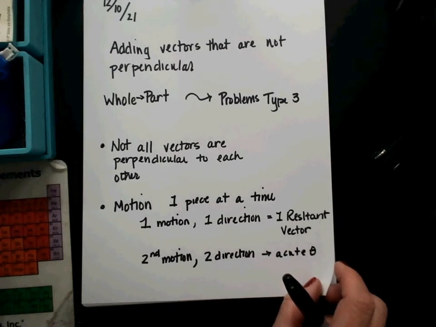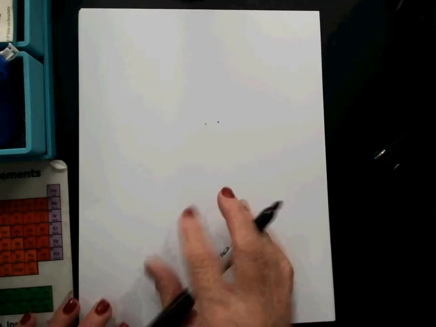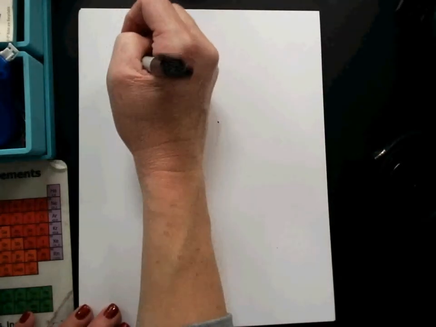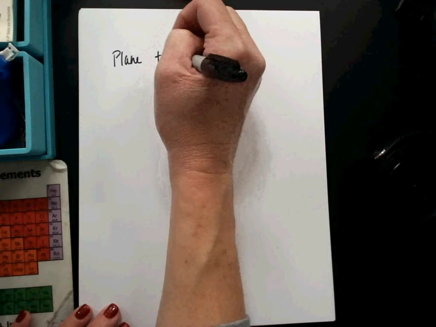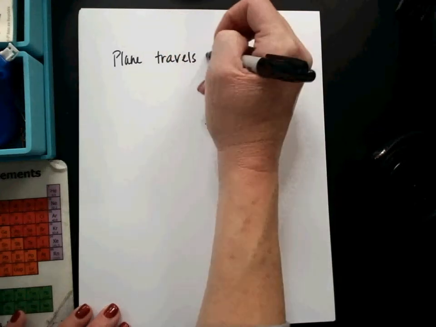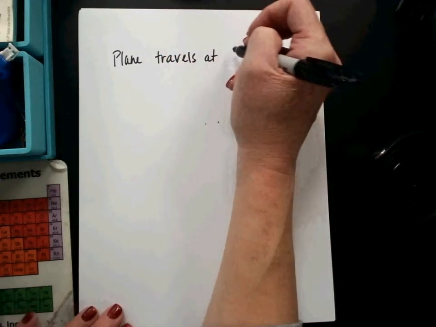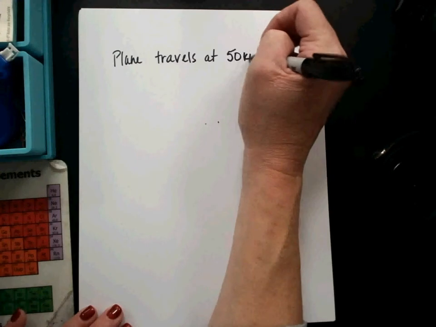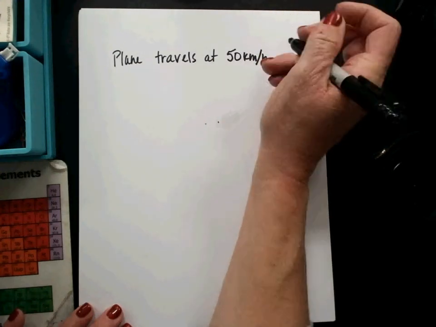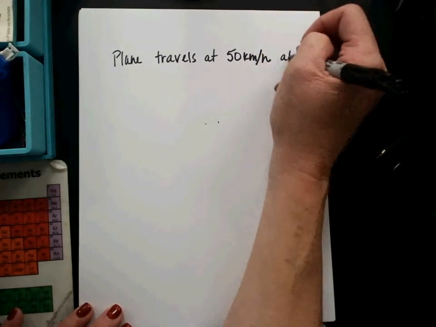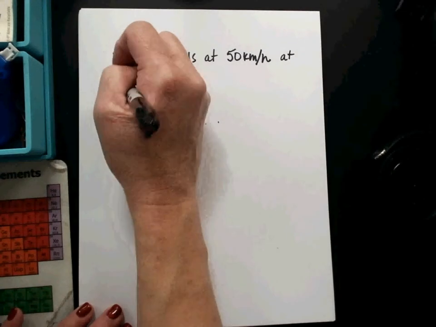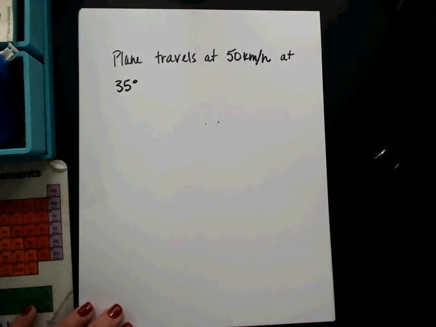So I'm just going to give you an example of what the wording in one of these problems might look like, and then we're going to talk about it a little bit more. You might see something like this. Let's say I have a plane, and it travels at maybe, I don't know, 50 kilometers per hour at 35 degrees.